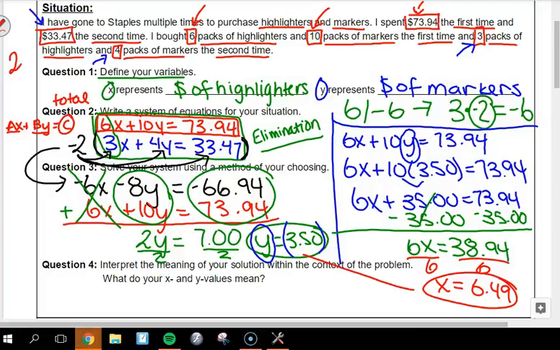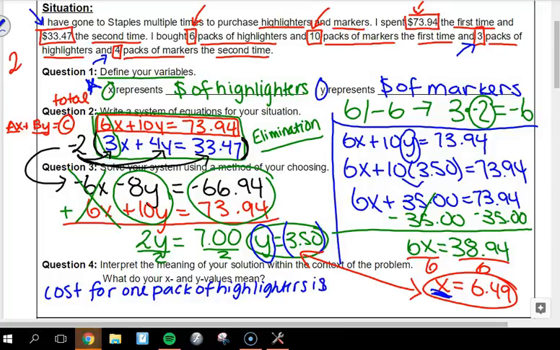All right, we have our solution. We have y and x. But this last question is really important, and it's that kind of tying it together piece. Interpret the meaning of your solution within the context of the problem. So in what we were talking about, we're going to go to question 1. X was representing the cost of the highlighters. So if we look at X, we can say the cost for 1 pack of highlighters is $6.49.